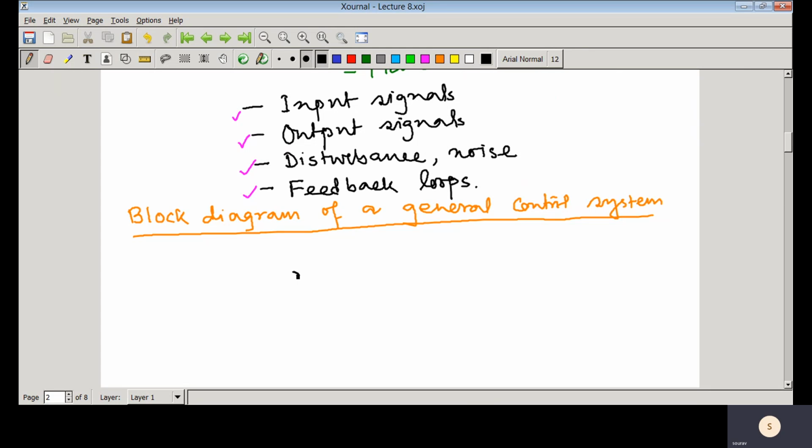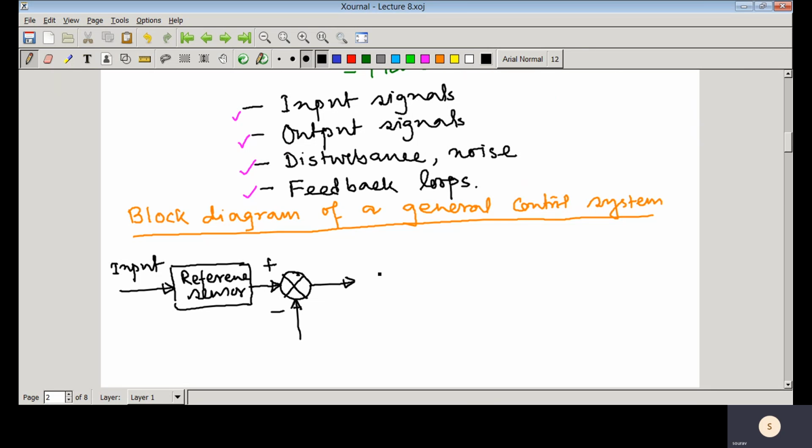So we have the comparator. So this is the comparator. Normally we represent it like this. Here you have the reference sensor. So it is just like a filter. You have the input, that is the reference command, which comes to the comparator, and now the feedback loop is coming to this particular point.